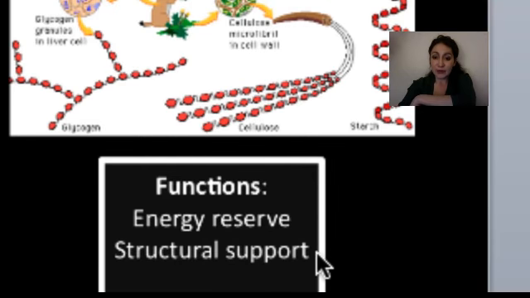And the other important function for carbohydrates is for structural support. And looking at the cell wall of plants, that's made up of cellulose and bark, anything that's woody. And I think your textbook mentions that the pages that you're reading is made up of cellulose. So all of that is really important for maintaining structural support.